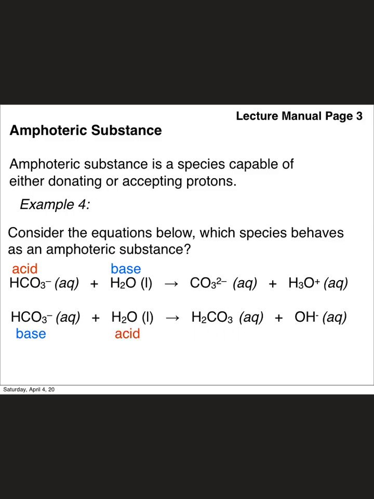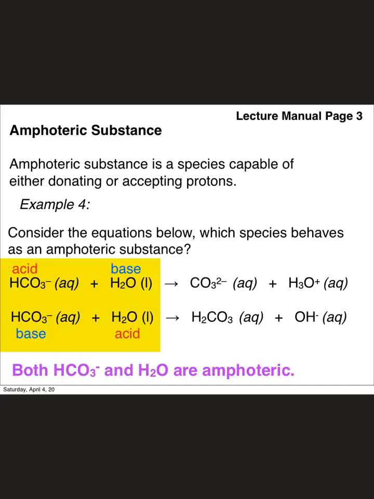And at the same time, water behaves as an acid because it gives off its proton to bicarbonate. And this acid would become its conjugate base, hydroxide ion. When you consider these two examples, clearly we can see that both bicarbonate and water can behave as either donating or accepting protons. So that means in this case, both bicarbonate and water are amphoteric substances.